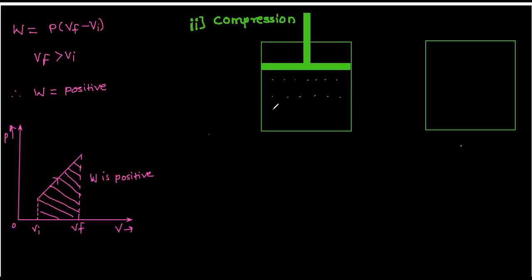Gas is. So this is what your initial volume in this piston, whatever the gas is. And later this one changes. How it changes? See, this piston goes down. It means what?